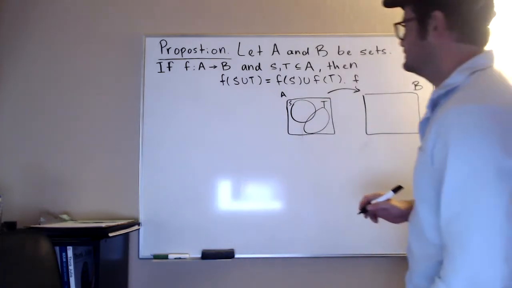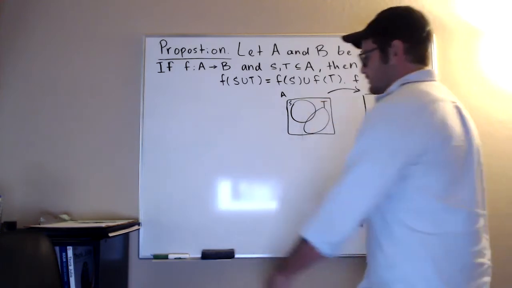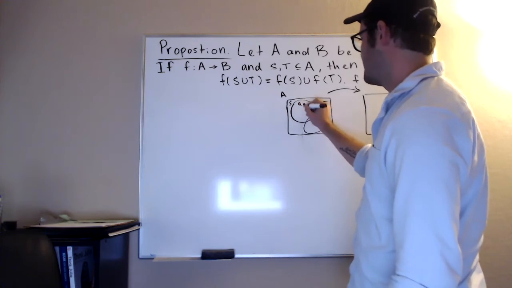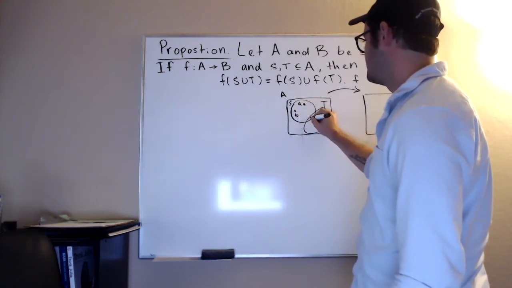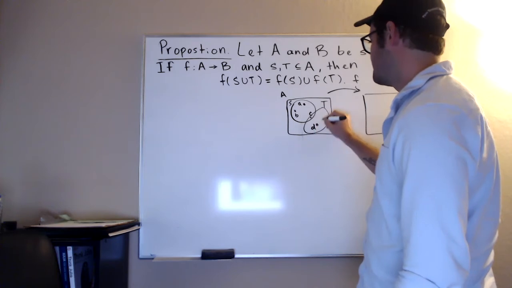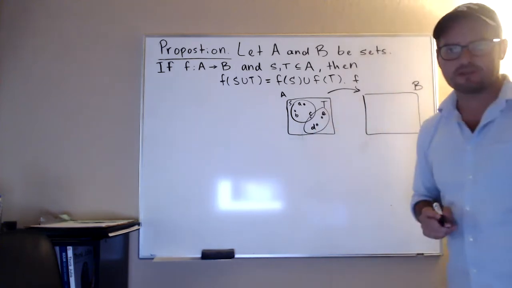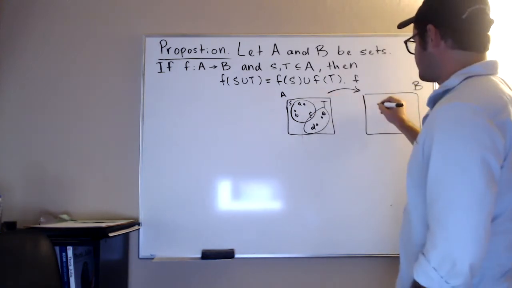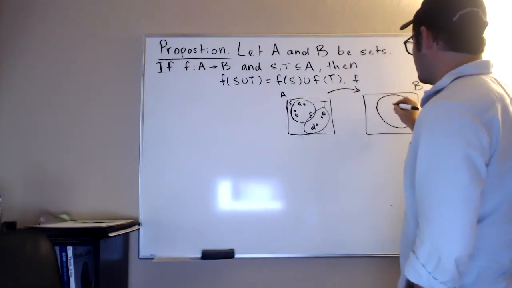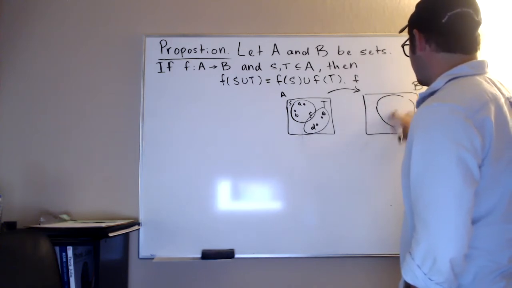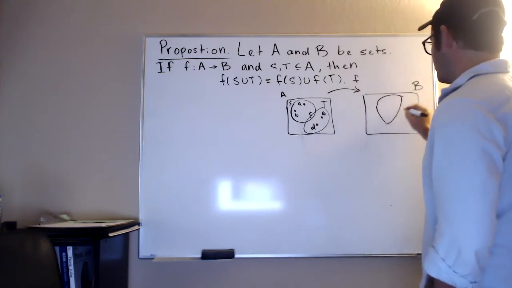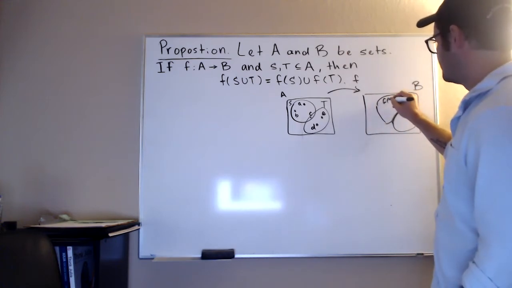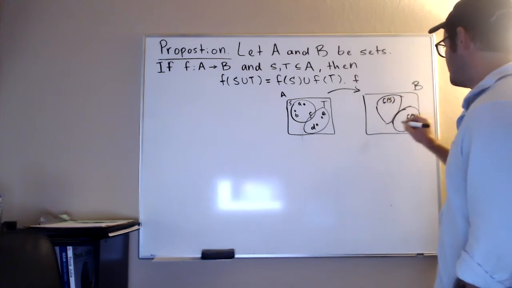So what's happening here? Let's just say that there are points a, b, c, d, and e inside of there. Look at this as f of S and this as f of T, right?